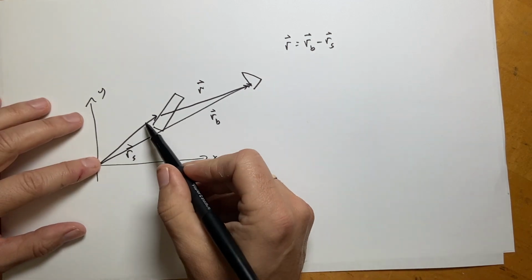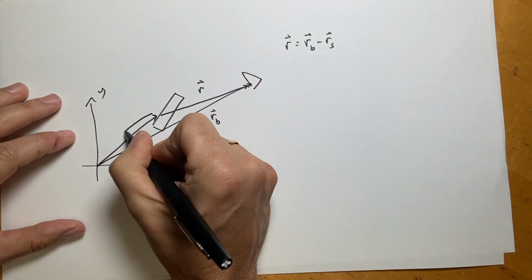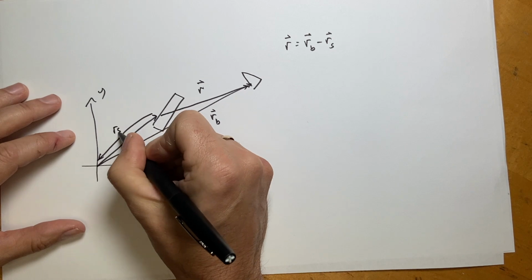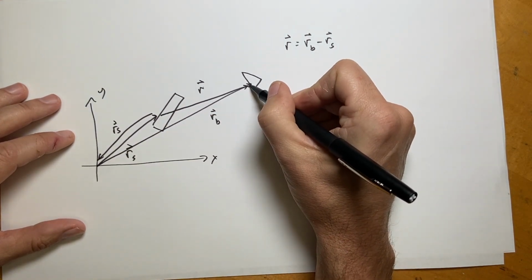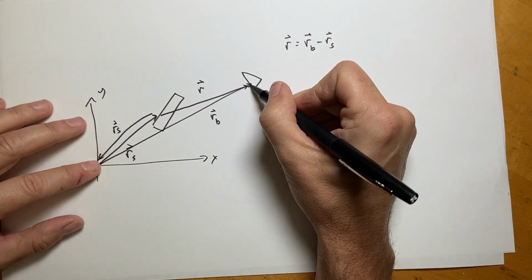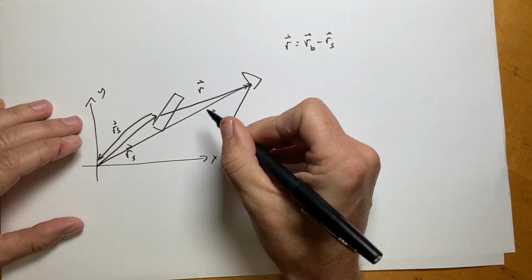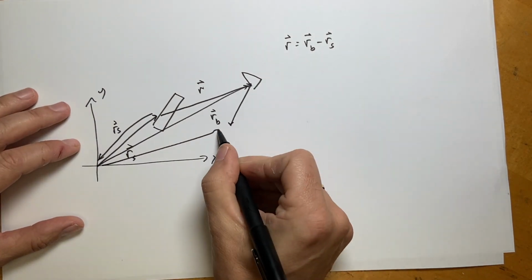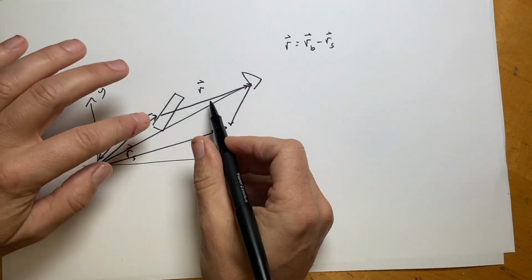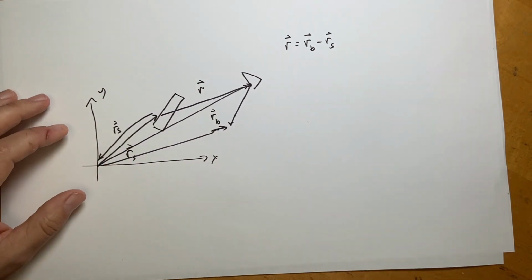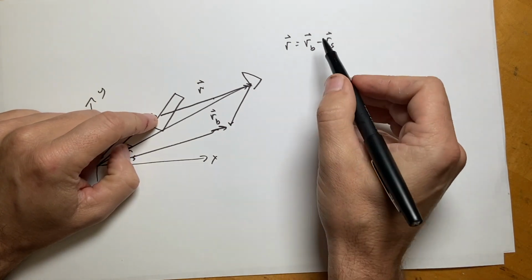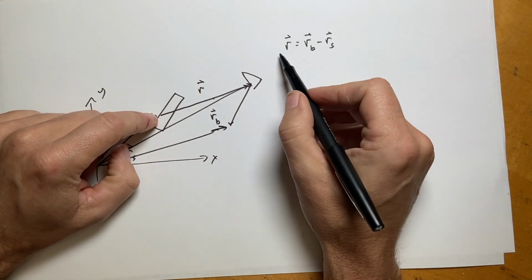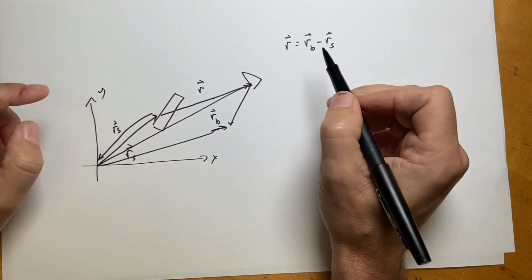If I take the negative R sub as this vector, and I add it to this vector, R boat, it goes down here, and then the resultant is this. Well, my drawing didn't turn out perfectly, but it's the same as that. So if you want to go from the end of the sub to the end of the boat, you do a subtraction like that. And that's how I can find the vector position.